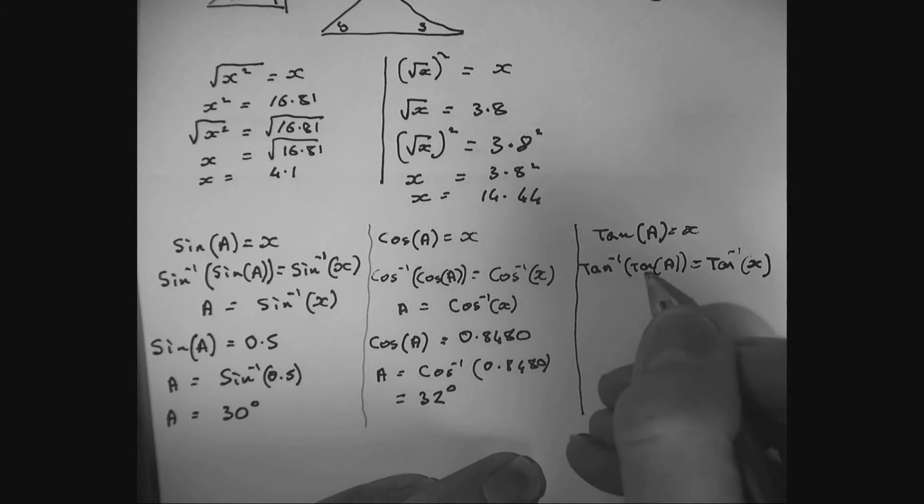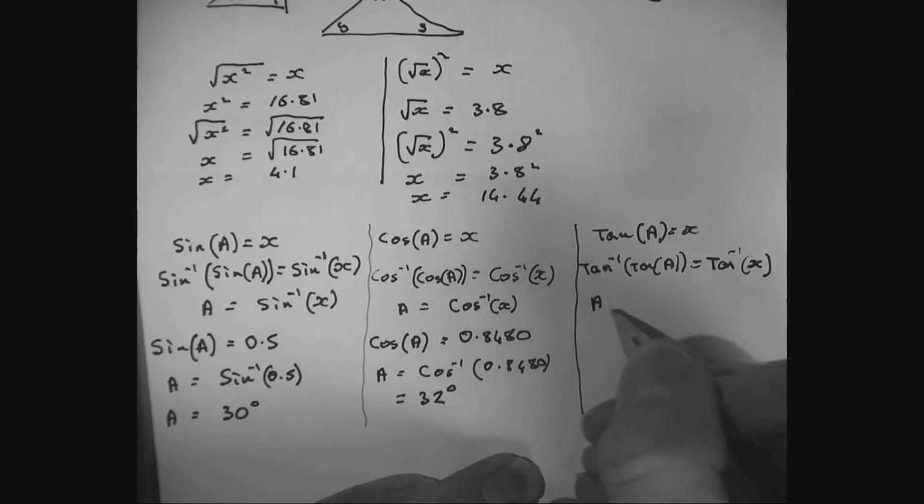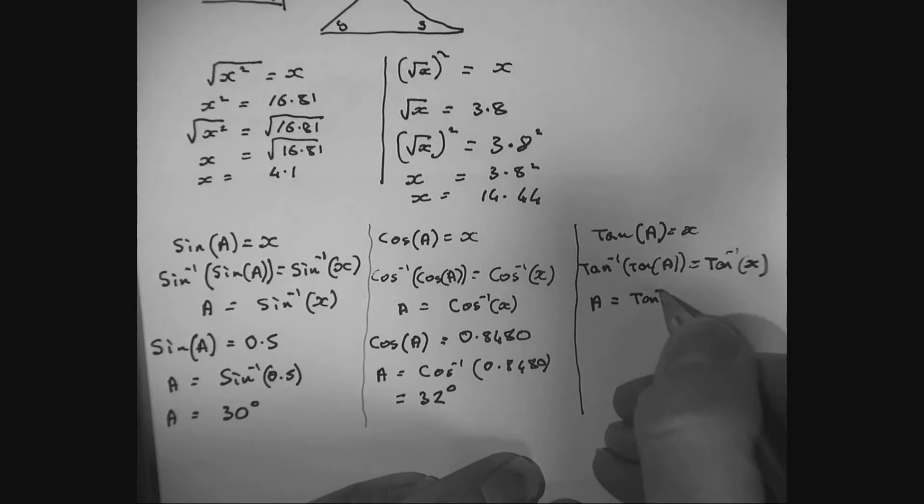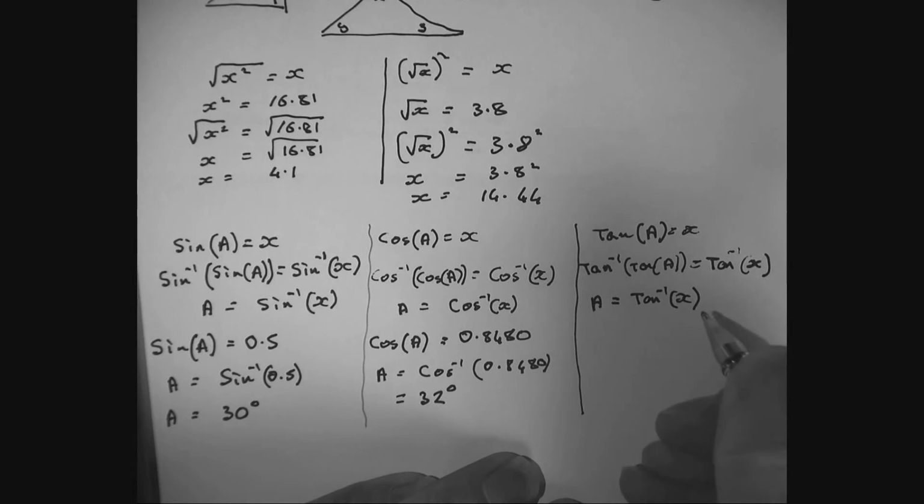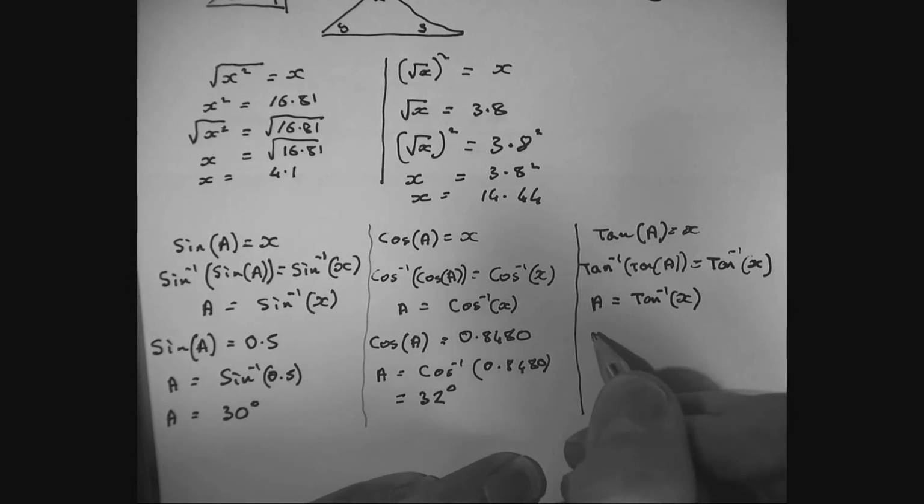The inverse tan of tan just leaves us with A equals the inverse tan of x.